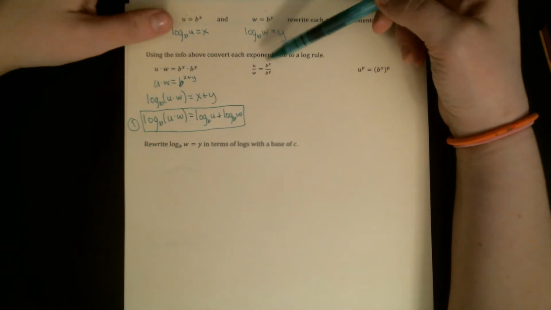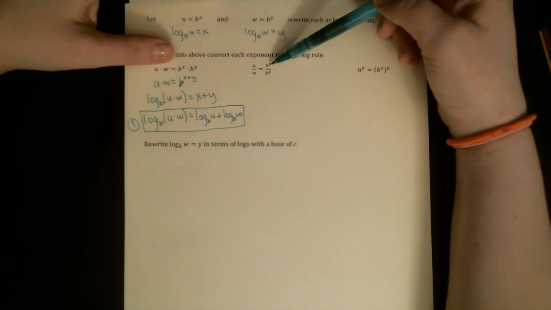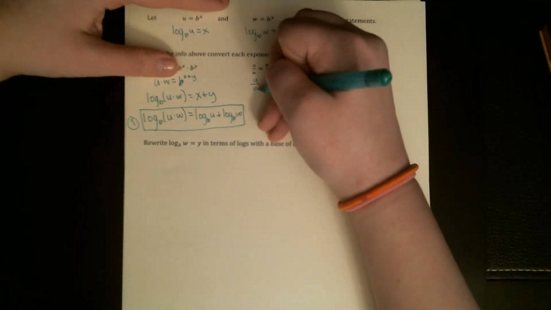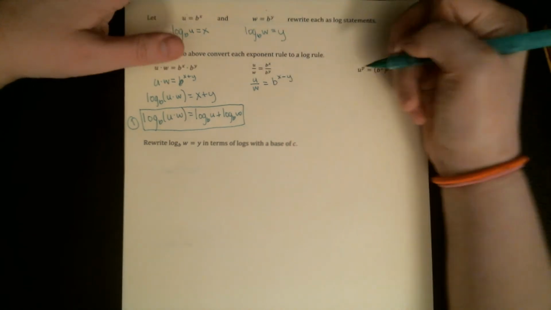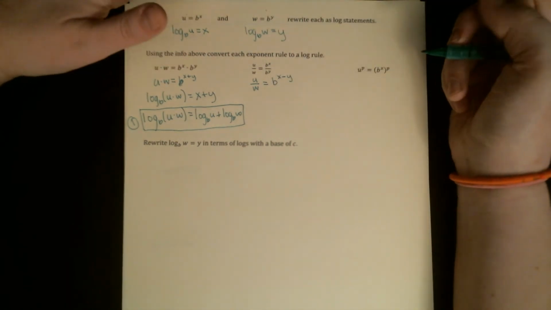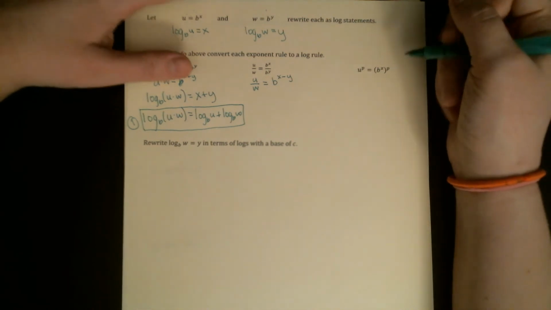All right, next property that we want to look at is division. So if we divide two exponent statements with the same base, the exponent rule, which again I hope we remember, is subtract exponents. So u over w is equal to b to the x minus y. And then we want to rewrite this as a log statement.